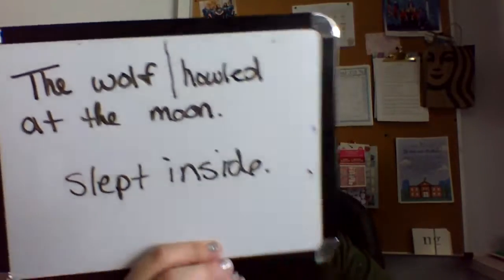So if I said slept inside, slept inside doesn't make very much sense. We don't know who or what the sentence is about. So we would need a subject like Albus, which is my dog. Albus slept inside, right?